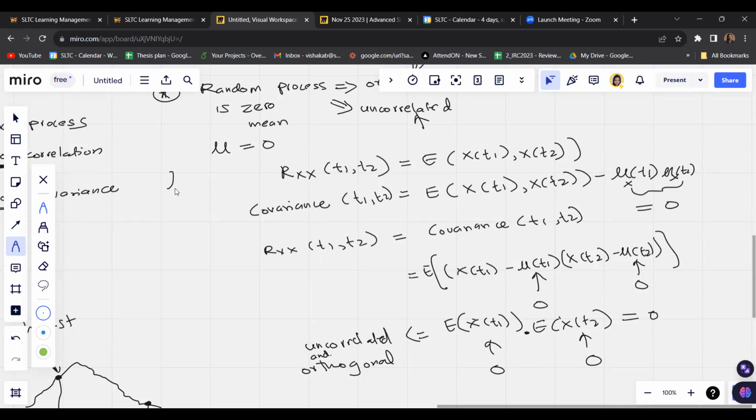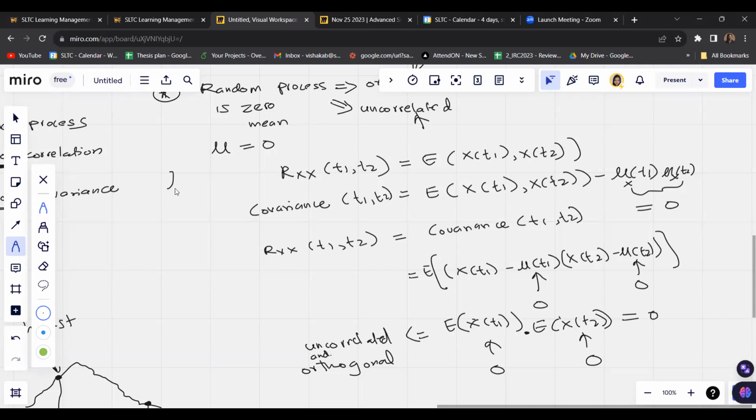It also shows that there's no relationship between the xt1 variable and xt2, and if that occurs, then xt1 and xt2 are uncorrelated. So I think I have discussed orthogonal processes.